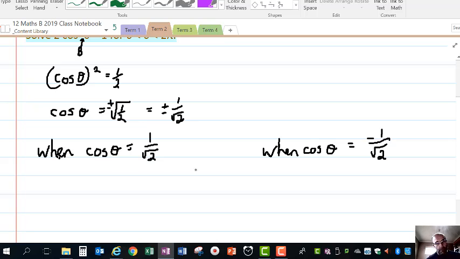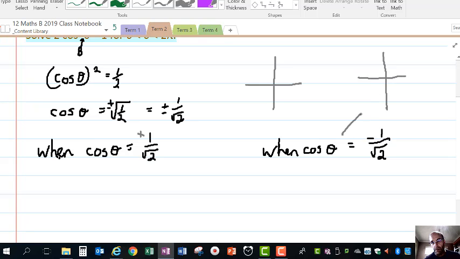So we know that we have some exact values here, and we're in radians, remember, so we're going to talk in terms of pi. Cos is positive here and cos is negative there. So I've got 2 sketches of the unit circle.